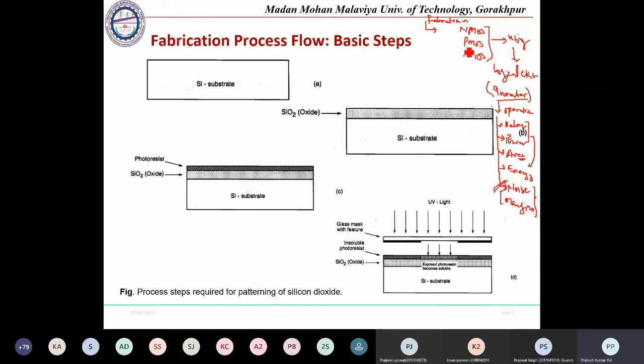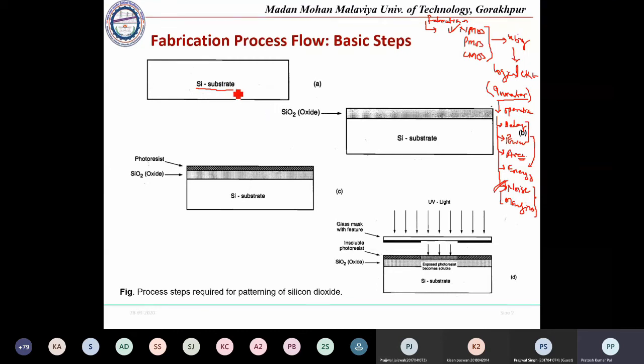Before that, we go for a substrate. We will be considering a silicon substrate. We are basically taking the NMOS for designing. So here in the fabrication flow, this silicon substrate will be considered. Once we have taken a silicon substrate, we will be designing an NMOS on it. This substrate will be looking like this.